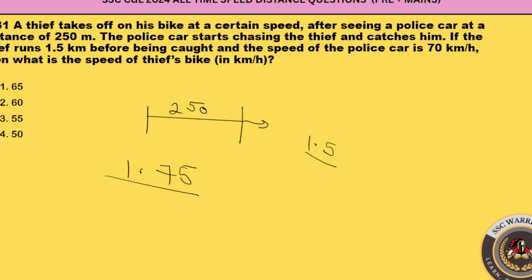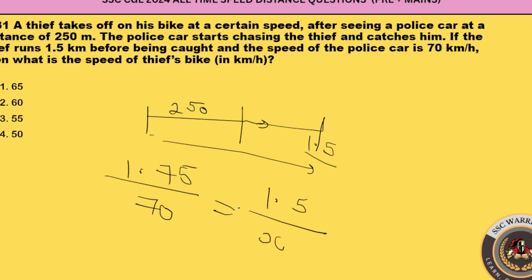So 2.25 kilometers upon speed 70. We know that the time is the same for him to reach here and for him to reach here. So the distance traveled by the thief is 1.5 upon speed, which we don't know, x.